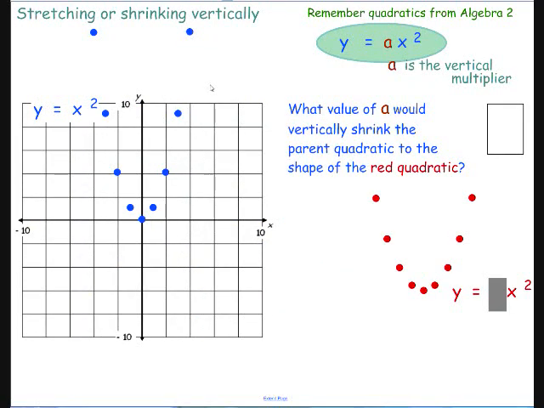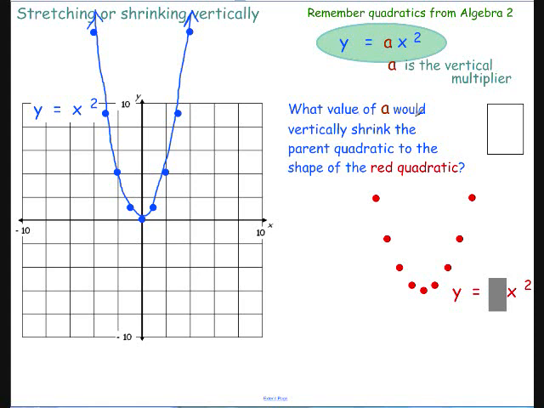Stretching or shrinking vertically. We are familiar with this from back in algebra and all we knew about quadratic functions and their graphs. Here is a parabola, the graph of the parent quadratic, the very simplest quadratic function you can have, y equals x squared.